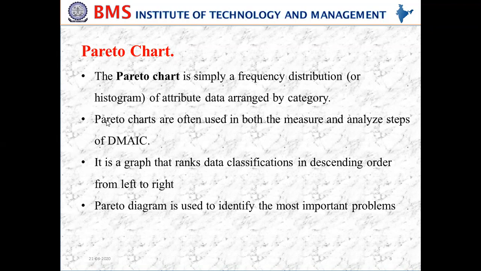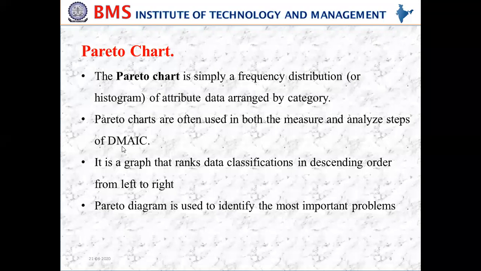Pareto charts are often used in both the measure and analyze steps of DMAIC, because we need to identify the problems or defects. Measure is what we discussed in the DMAIC Six Sigma methodology: measure the current performance.